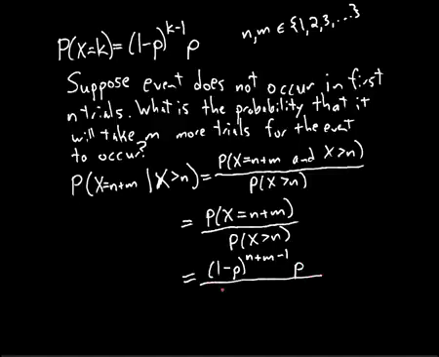And on the bottom we have the sum from k equals n plus 1 to infinity of (1 minus p) to the k minus 1 times p. And then that gives us a quotient that we're going to simplify using Wolfram Alpha. So I'm going to pull up Wolfram Alpha here, and I think I'll just use it to simplify this sum for me.